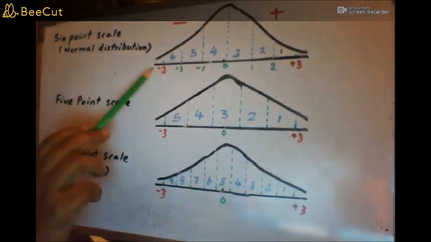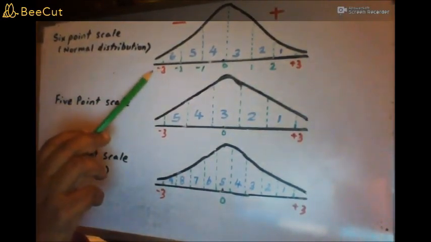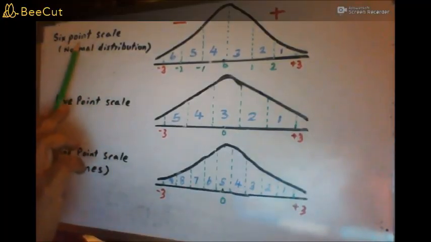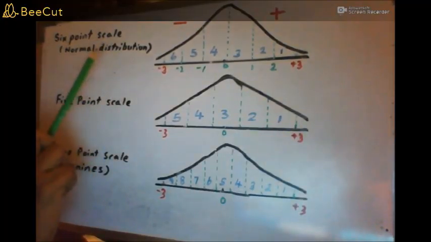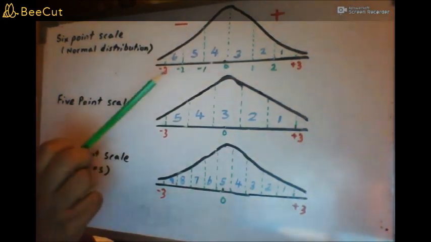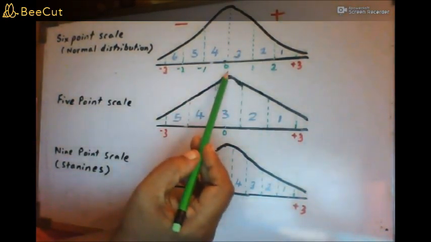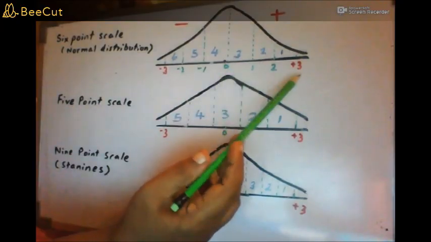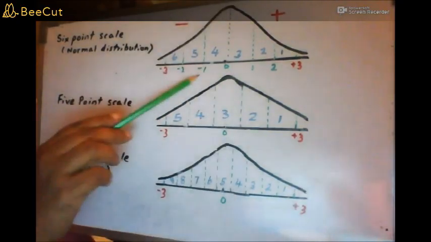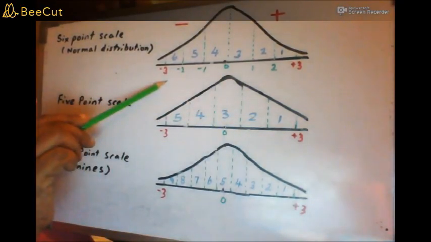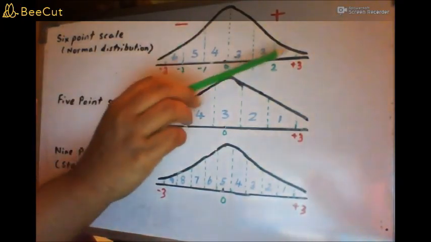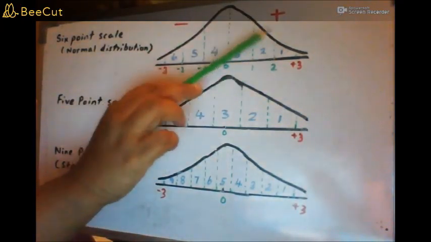Here, now this is the normal distribution, right? Normal distribution is known as the 6-point scale as well. Now, how do we get 6 points? Here it's 0. Then 3 standard deviations above the mean and 3 standard deviations below the mean, right? So we are going to take this one. This is the plus side.